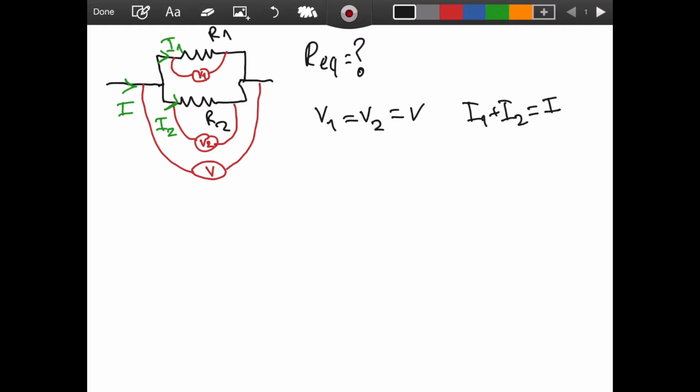And of course, we also need Ohm's law, right? And now we're ready. So I will call this R equivalent, because that's what we are looking for.